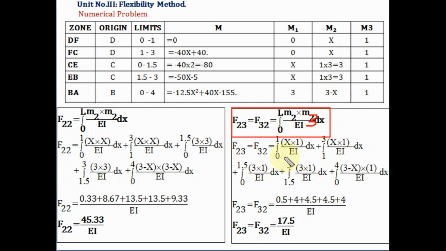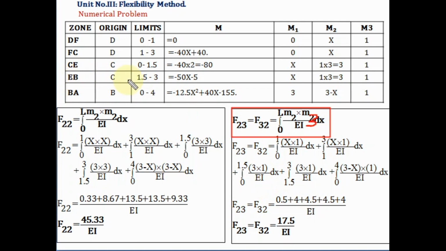So what is the first zone? DF, integration 0 to 1, x into 1 upon EI into dx. So the next zone is FC, the limit is 1 to 3, so x into 1 upon EI into dx. So the next zone is C, limit 0 to 1.5, 3 into 1 upon EI into dx.